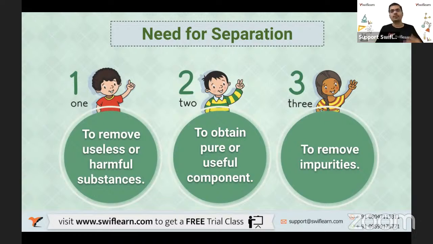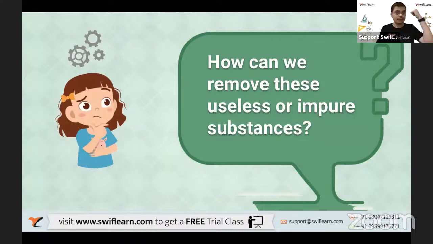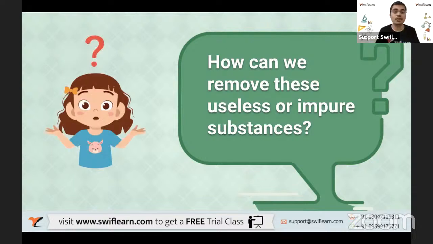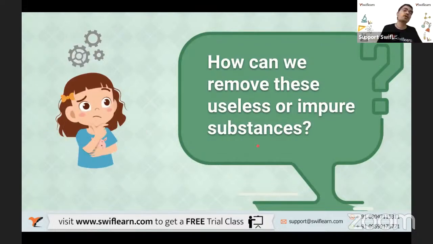Thank you. So now, how can we remove these useless or impure substances? Try to recollect. We discussed one example in the first slide itself, right? We used the device, the filter. What did we use? The filter, exactly. With the help of devices like the filter we used in the first slide, we can separate the impurities from pure things.